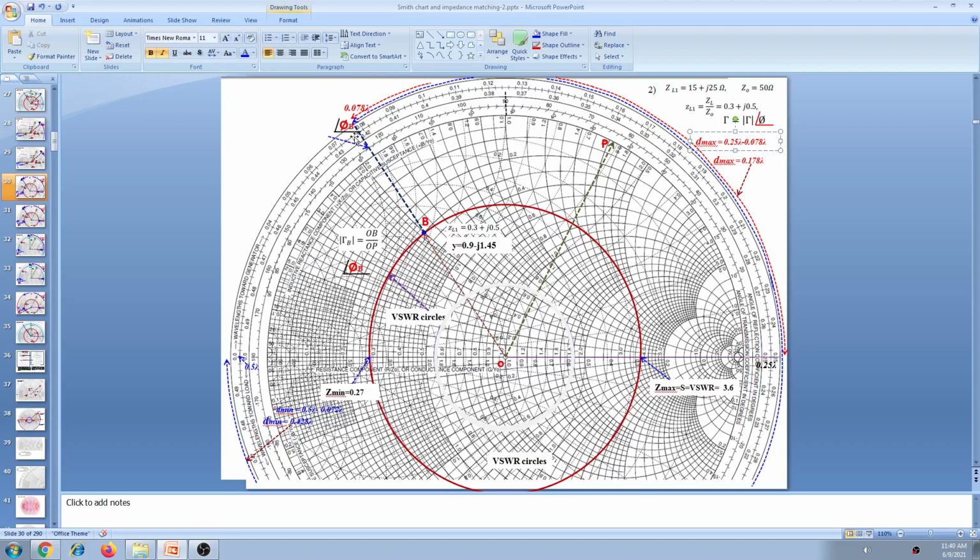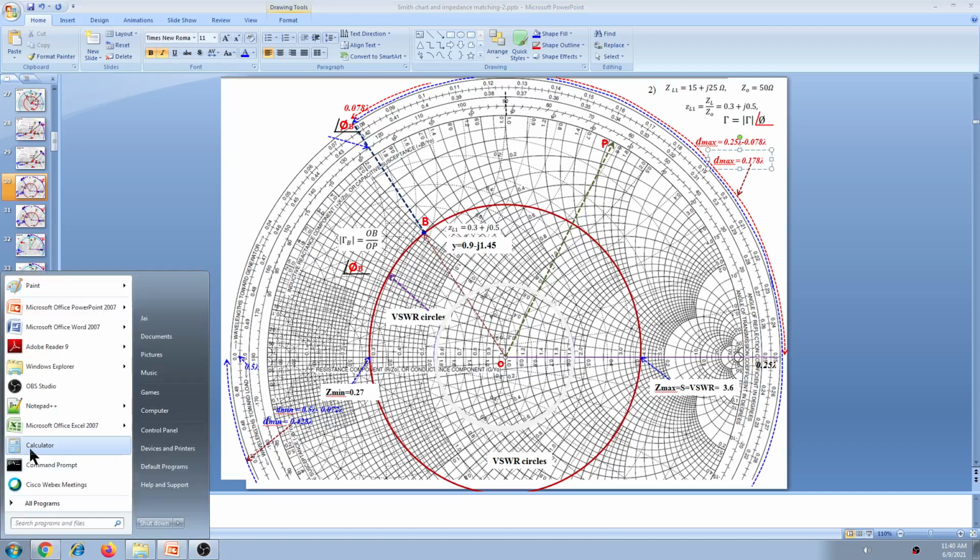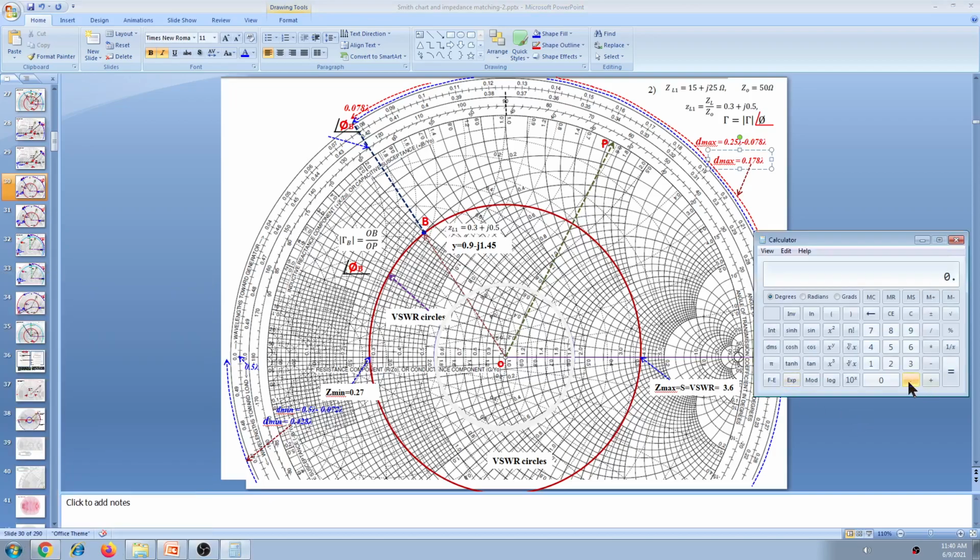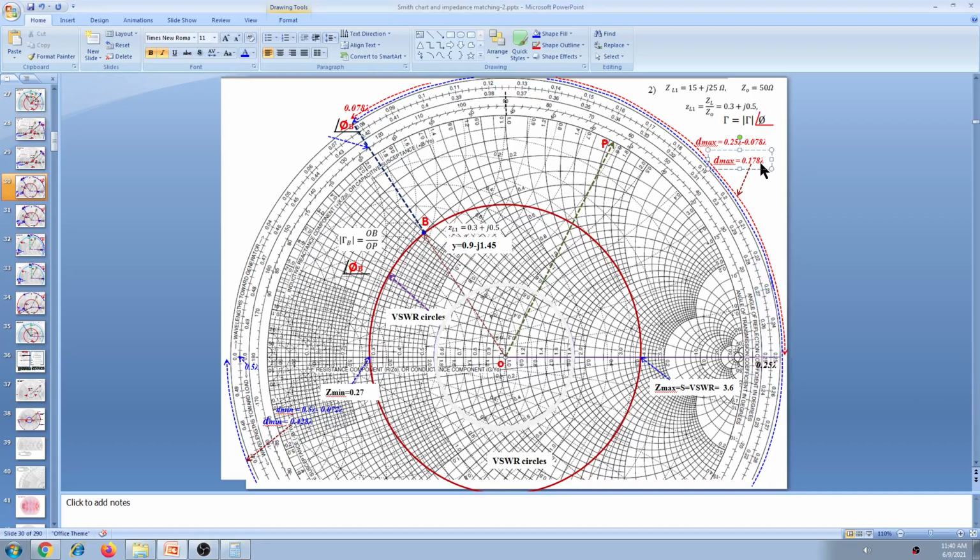So the D maximum is 0.078, and the distance is 0.25 minus 0.078, which is 0.172 here.